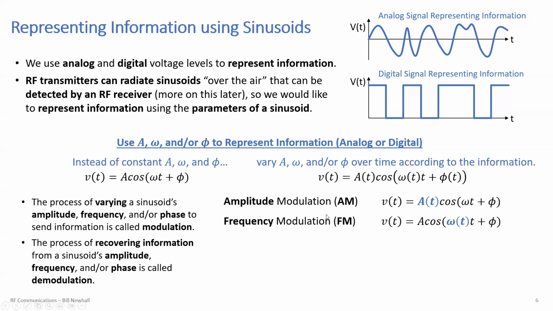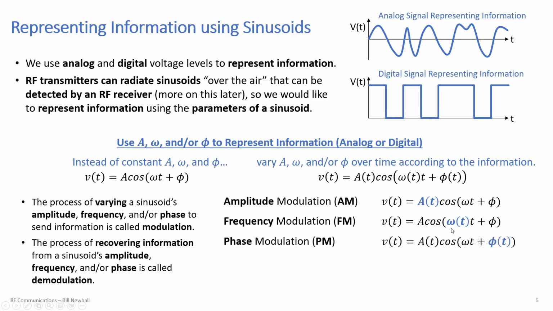Then there's frequency modulation. Frequency modulation would look like this. I have a frequency that changes with time. So you might have the amplitude of your information signal change the frequency of this frequency modulated sinusoid.